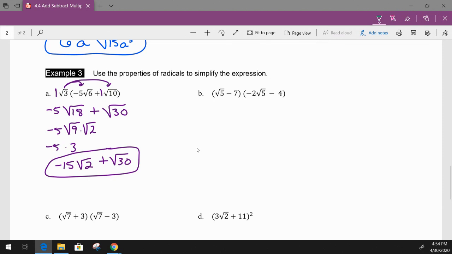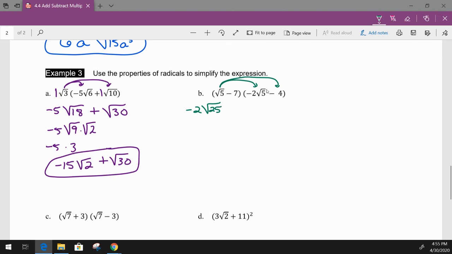In example 3b, I'm going to multiply or distribute the square root of 5 times the -2 square root of 5. And then I'm going to have to take the square root of 5 times the -4. You will then have to distribute the -7 to both terms also. Keeping in mind you can only multiply square roots with square roots. So this square root of 5 and this -2 square root of 5 would equal -2 square root of 25.